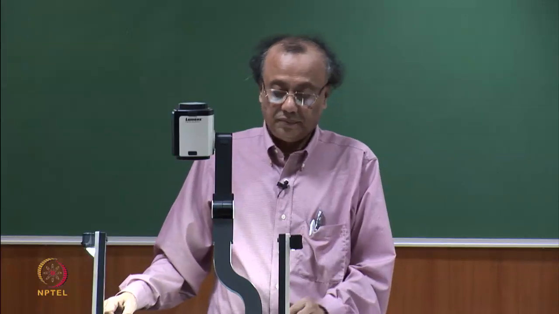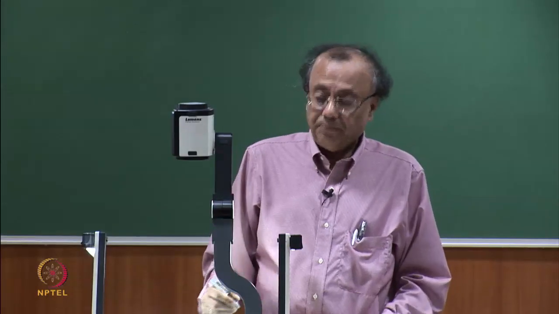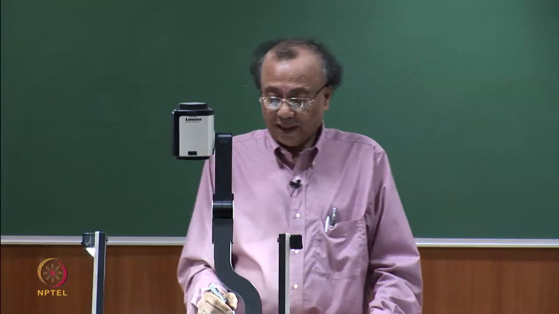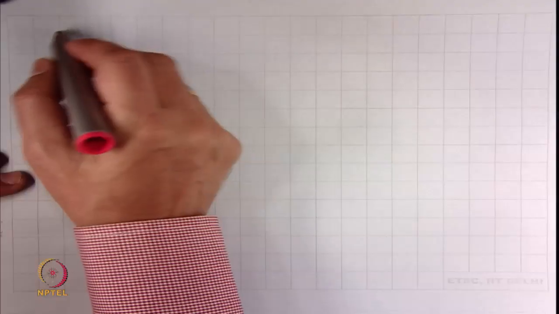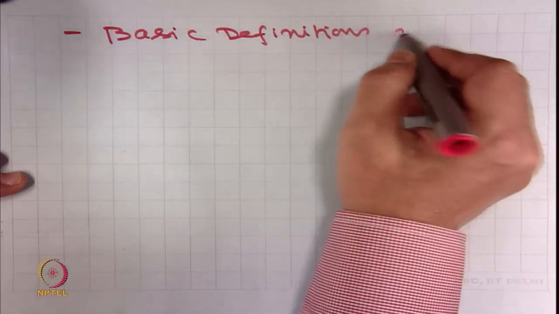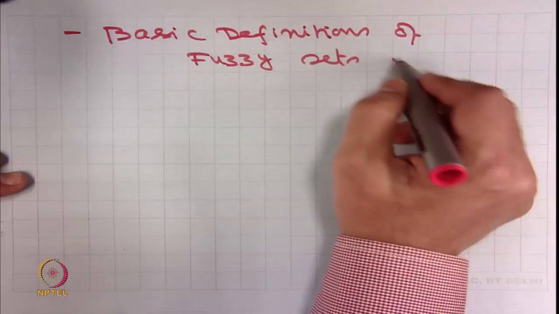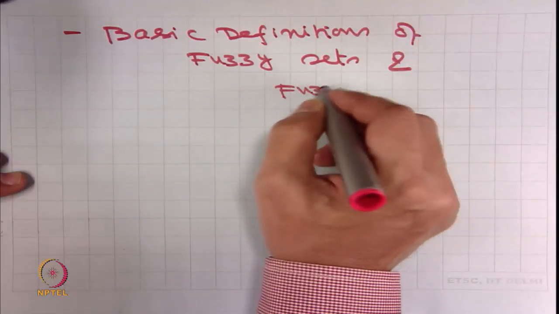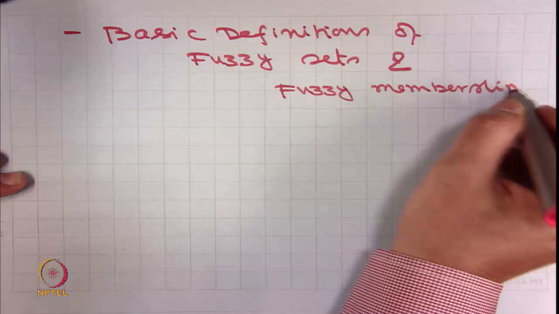Okay, friends, with that I conclude this talk. So, if we summarize what we have done, we have started with basic definitions of fuzzy sets and fuzzy memberships.